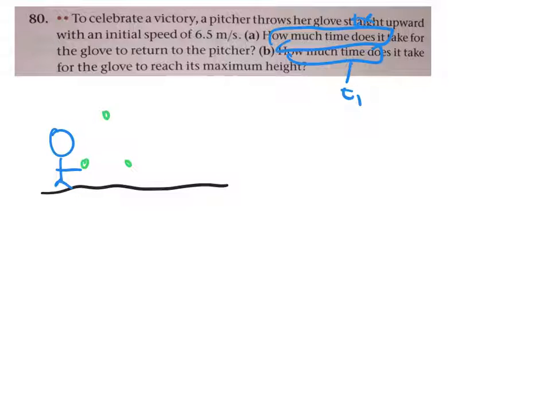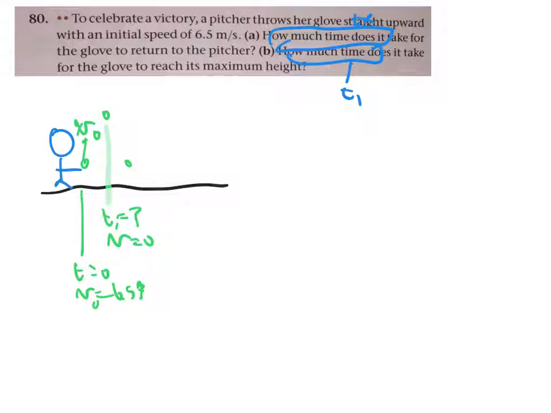But now we're going to say, well, we have this initial speed that we know, and then at t1, which we don't know, the velocity is 0. And here at the final time, the velocity is the given 6.5.